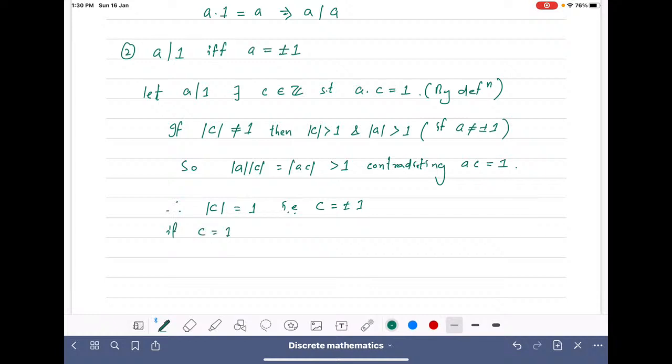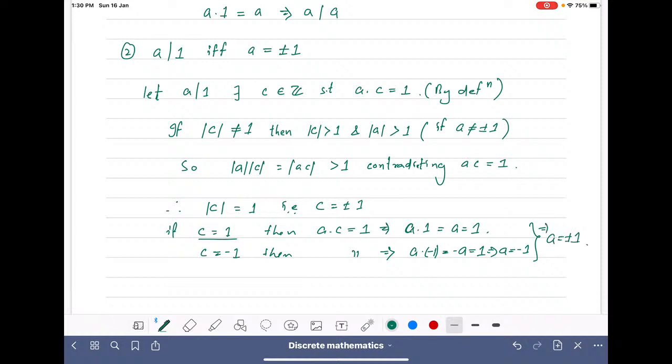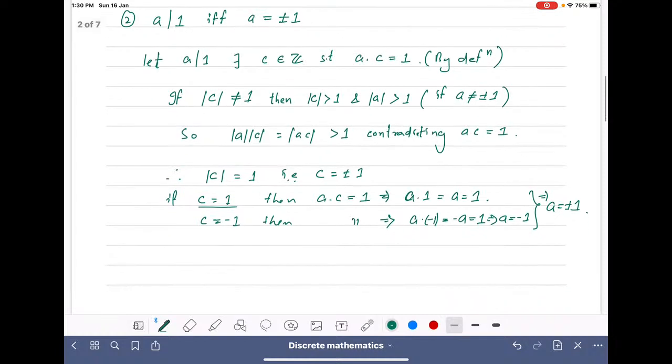Now, if c equal to 1, then a multiplied by c equal to 1 implies a multiplied by 1, which is equal to a, is equal to 1. And if c is equal to minus 1, then a multiplied by minus 1, which is equal to minus a, is equal to 1, or a equal to minus 1. Both of these imply a equal to plus or minus 1. So this is it.